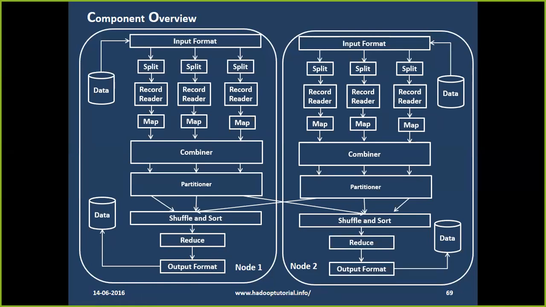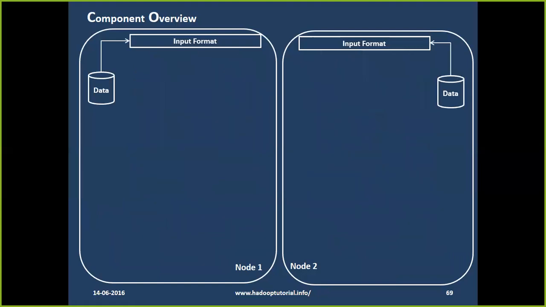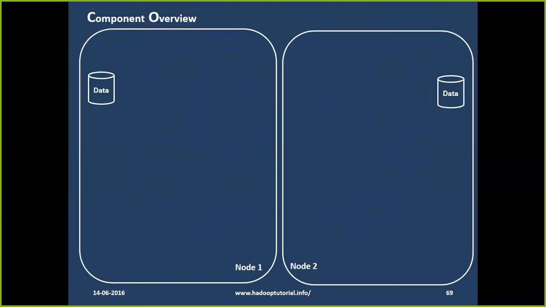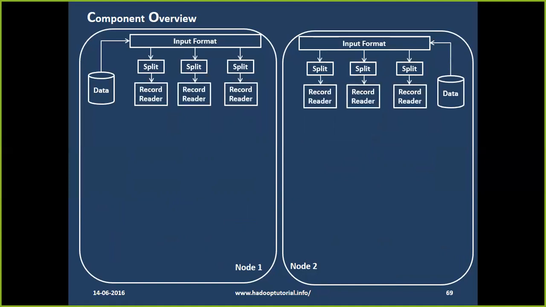Okay, so let me recap once again. Let me explain this flow once again, one step after another, quickly. This is input data, first picked up by input format and then split into input splits. Then each input split will be processed by a record reader, and the record reader output will be processed by map.